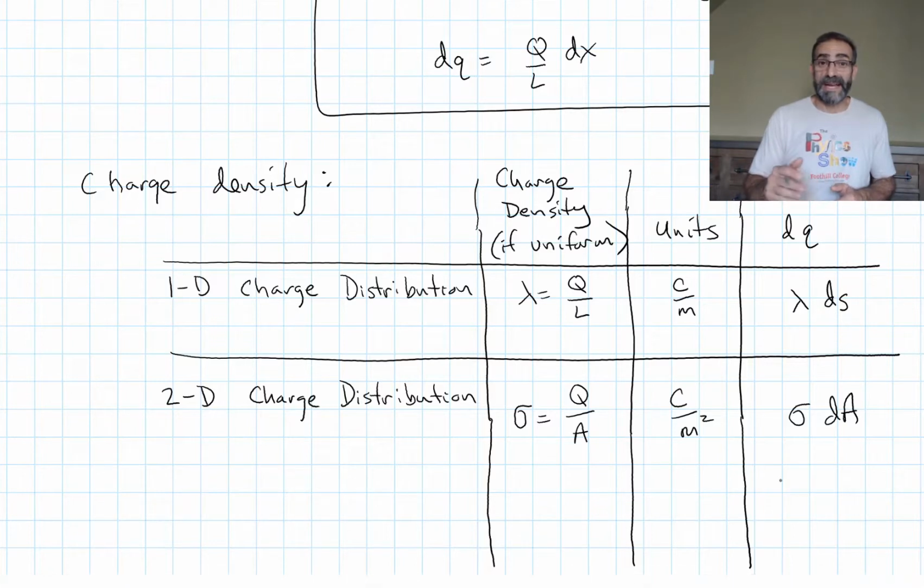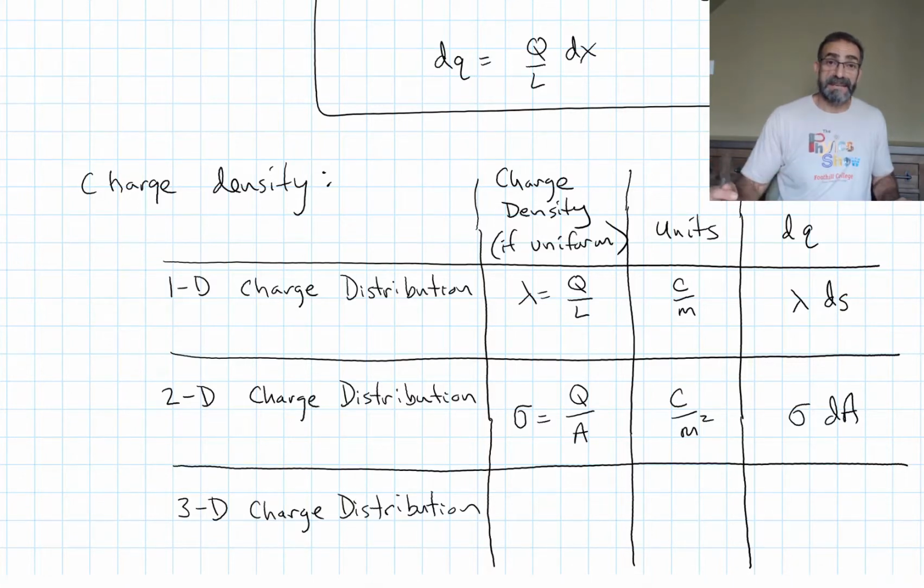which means it's a double integral. We're integrating over area. For a three-dimensional charge distribution, the charge is distributed through the volume of some shape. Maybe it's a sphere, maybe it's a cube, but the charge is distributed through volume.